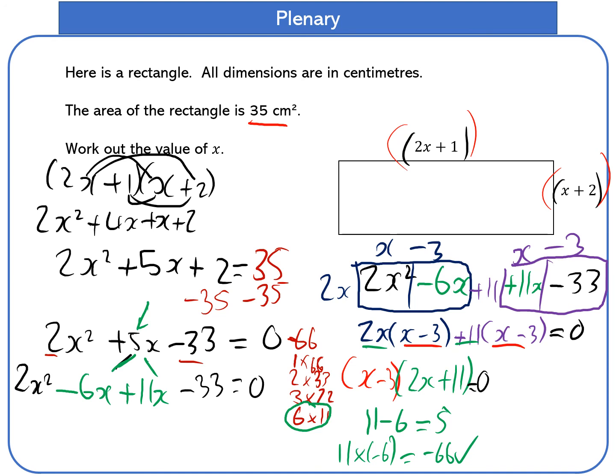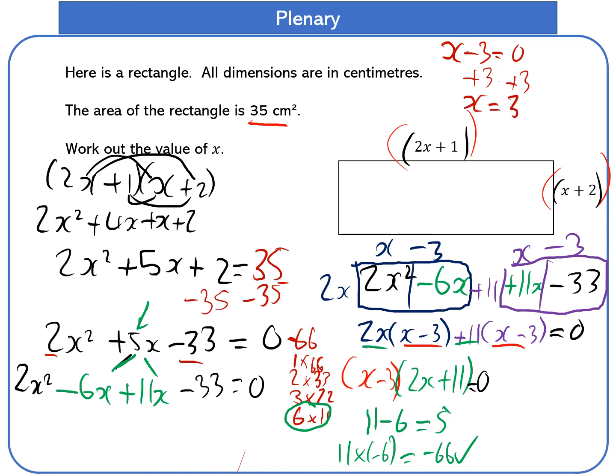We've got two solutions. I've got x minus 3 equals 0. Now the opposite to minus 3 is plus 3. So add 3 to both sides. So one solution is x is equal to 3.